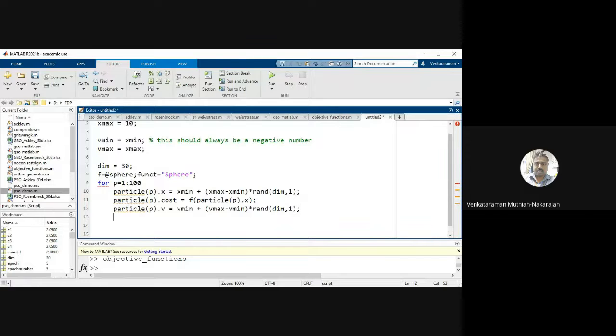Okay. Now we initialize the personal best. The personal best has also to be introduced.